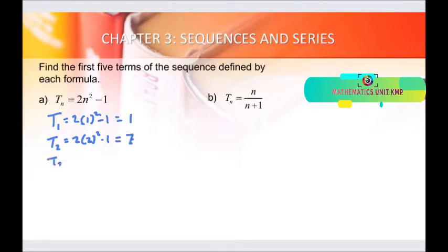And the third term, 3 squared, 9, multiply with 2, 18, minus 1, equal to 17. The fourth term, 4 squared, 16, multiply with 2, 32, minus 1, equal to 31.